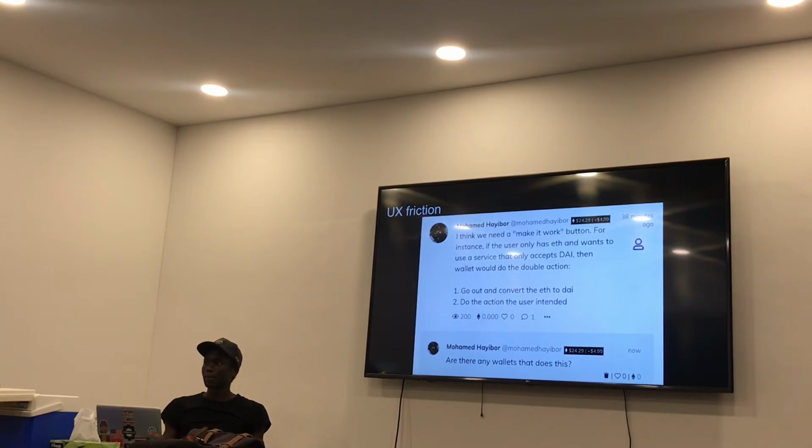It's more like the first contract that you swap ETH with DAI, and they can't then send your DAI out for you. I think it falls more on the dApps themselves. The dApp should be able to receive whatever, and then it does the conversion itself and keeps it.